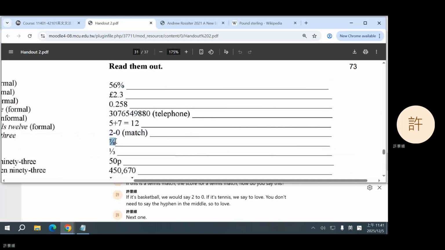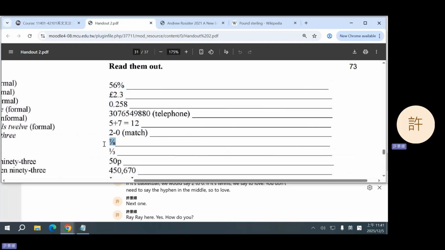Next one. Ray. Is Ray here? Yes. How do you say this number? 7/8. Good. Next one. Wang Ziyun.